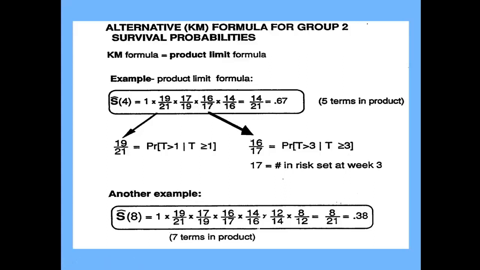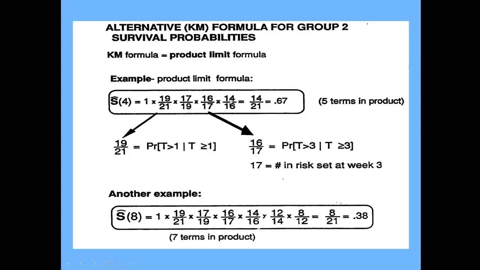Why is it called a product limit? Why is the word product in there? Because you're multiplying. And where does the limit come in? Because it's not an infinite formula. It stops at some point. There's a limit to how many terms you can put in here.